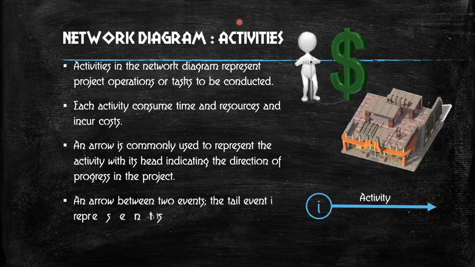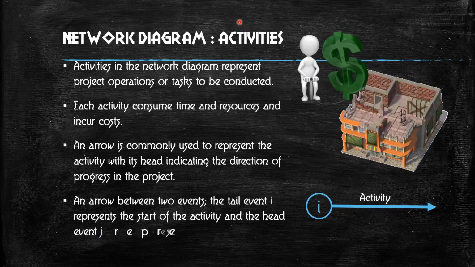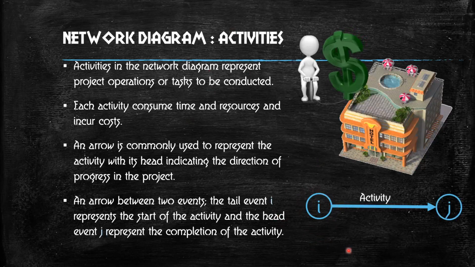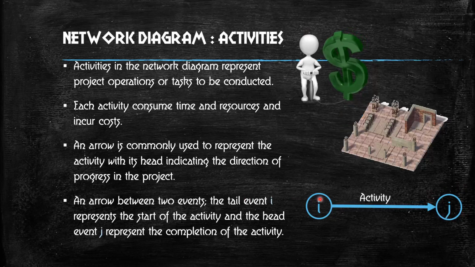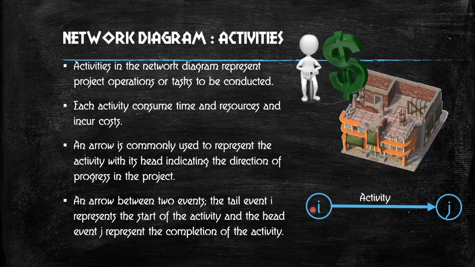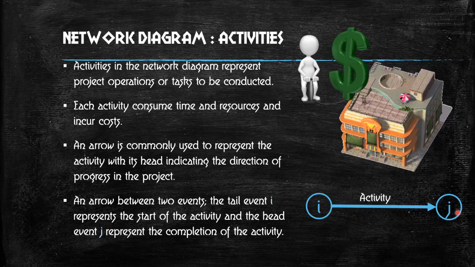An arrow between two events: the tail at event I represents the start of the activity, and the head at event J represents the completion of the activity.